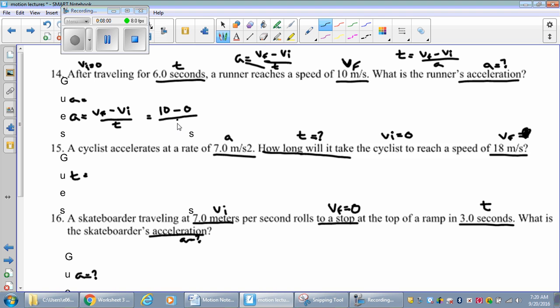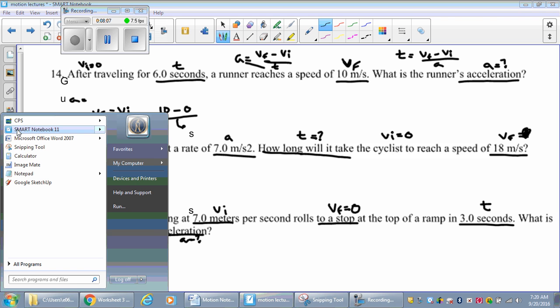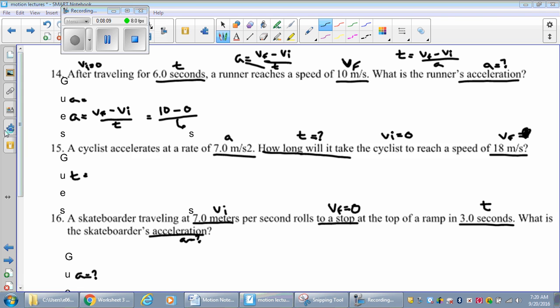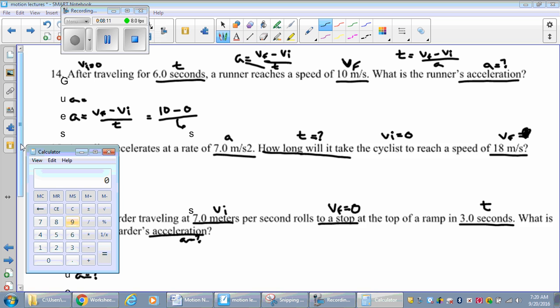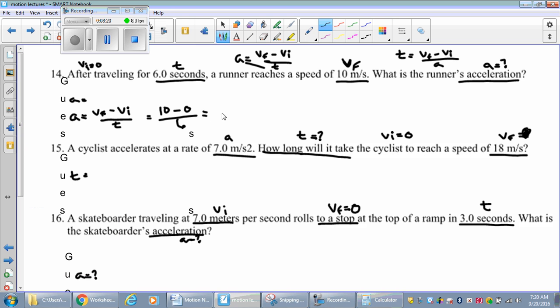And we're going to divide by our time, 6 seconds. Okay. And that comes out to, so I have a calculator here. All right. 10 divided by 6, so we get 1.67. So that is our answer, 1.67, and acceleration is always measured in meters per second squared. Good. Okay, next.